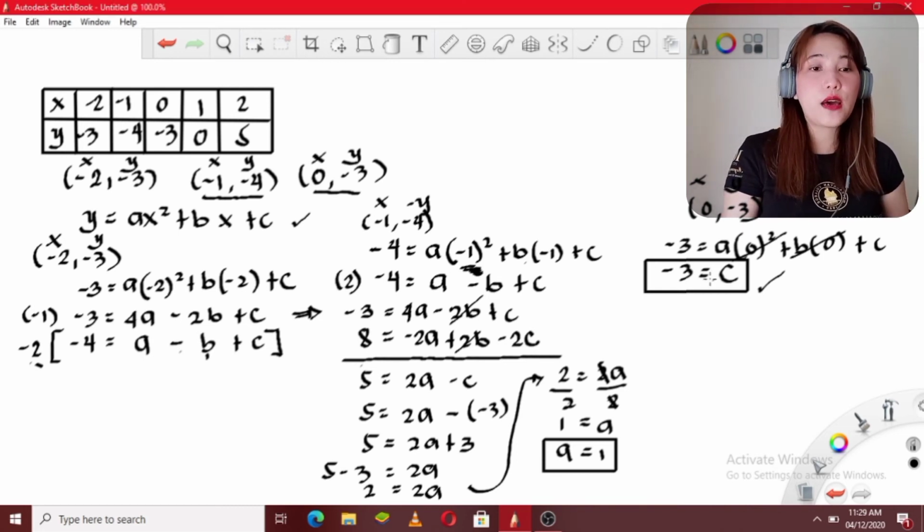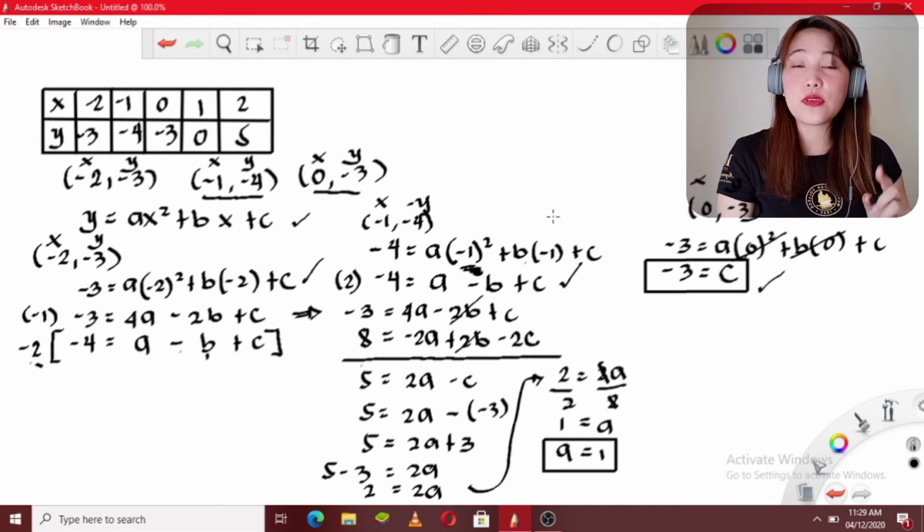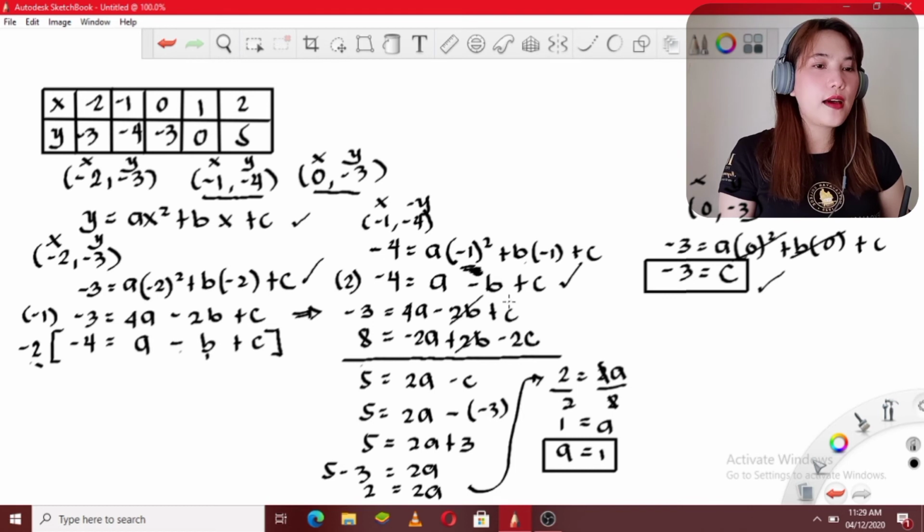And for us to do that, pwede tayong mamili sa equation number 1 or equation number 2 kung saan natin gustong i-substitute yung values ng C and A for us to solve for B. Let's say I'd like to choose equation number 2.